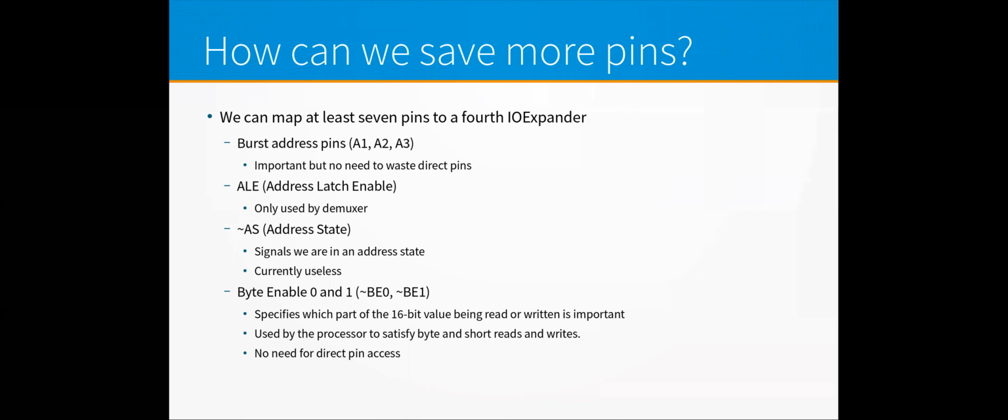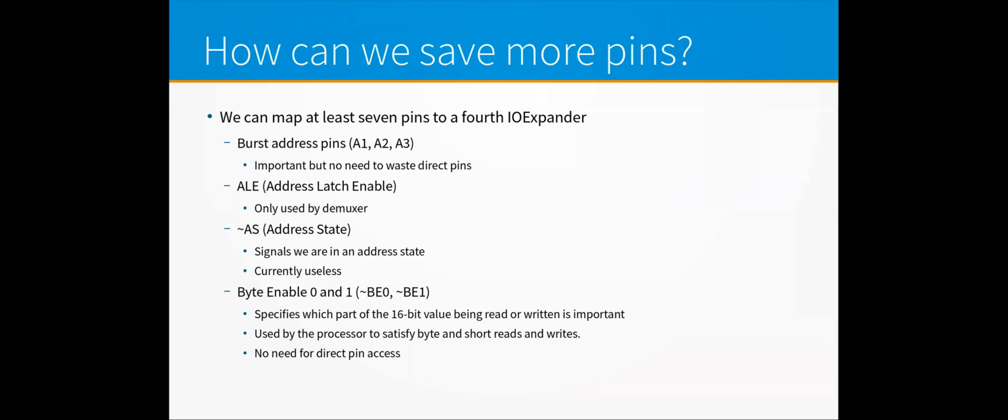So if you want to do burst reads and writes, you use these 3 extra address lines, and then combined with some other signals, you can quickly write and read large swaths of data. But we don't need to directly connect that to the processor. I mean, we're not connecting the address or data lines. So why would these get special priority? These are always going to be inputs to the chipset, so we'll just put them on this I/O expander.